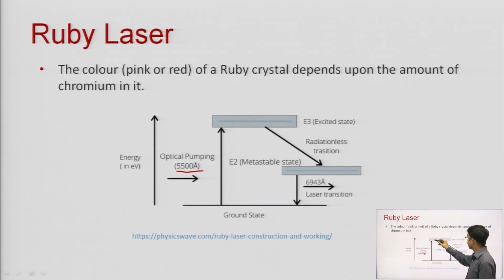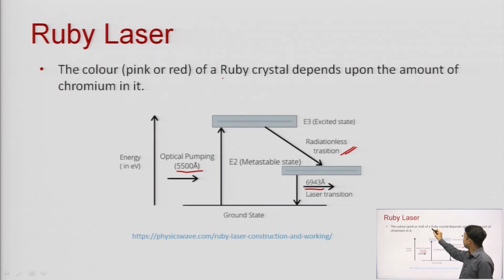Electrons get excited from the ground state to the E3 energy state, and through radiationless rapid decay they come to the metastable state, E2. From E2 electrons jump to the ground state, and we get laser of 6943 angstrom wavelength. So, we get photons of this particular wavelength.